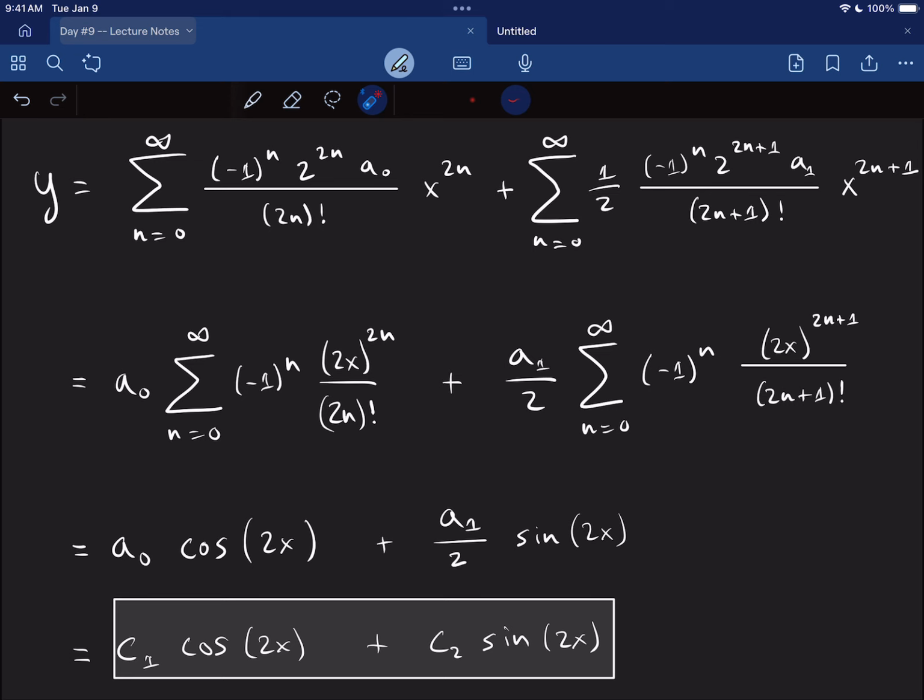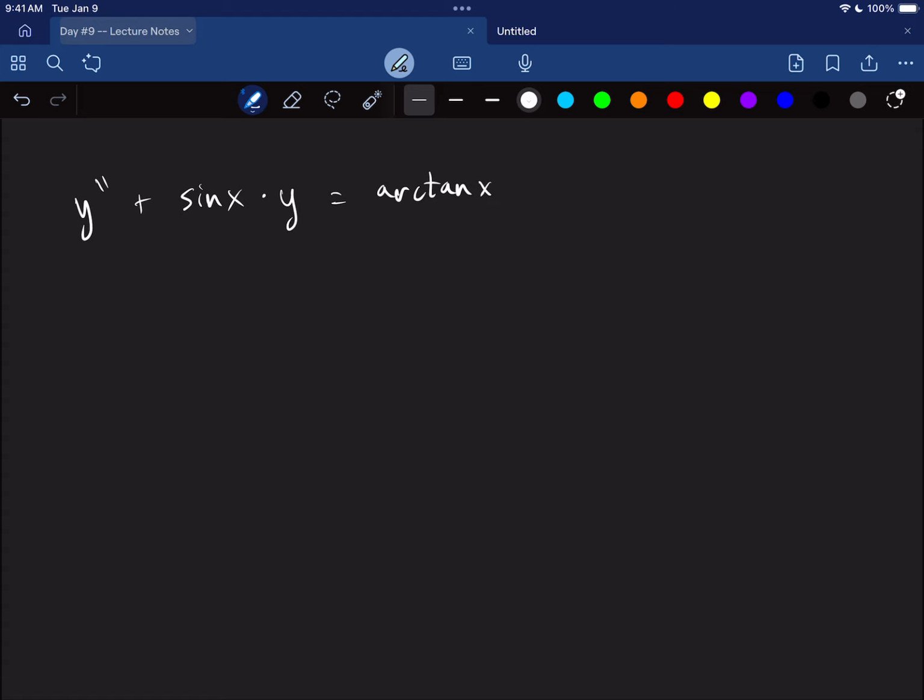I didn't have examples of this, but I do want to note it. If I gave you a differential equation that looked like this, this is a very tough differential equation, but say you had something that looked like this and you wanted to use power series on it, you would do the same stuff that we did.